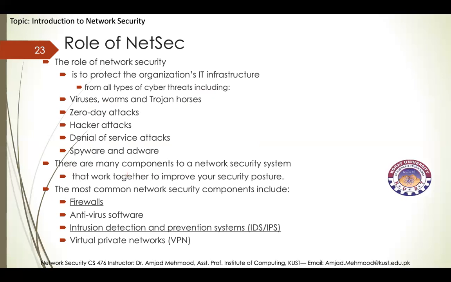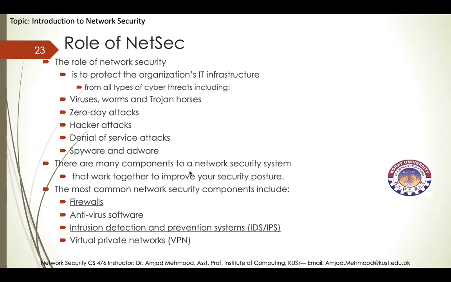There are many components of a network security system that work together to improve your security posture. We will be discussing all these in our coming lectures, but this is the role of network security: we try to protect our organization from any kind of threats.